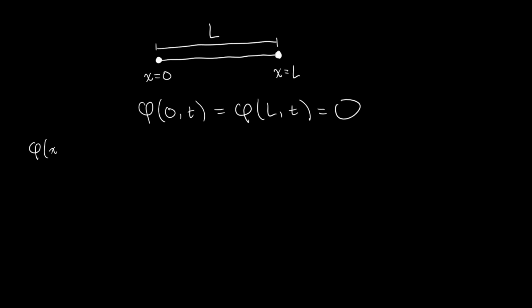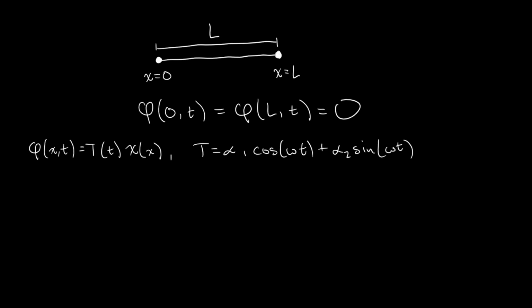So just to quickly write that out again, it's something like this, where T is alpha 1 cosine omega t plus alpha 2 sine omega t, then X is beta 1 cosine kx plus beta 2 sine kx. And then, of course, our dispersion relation.